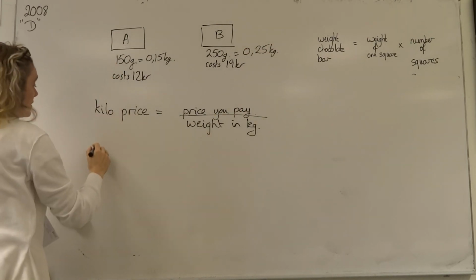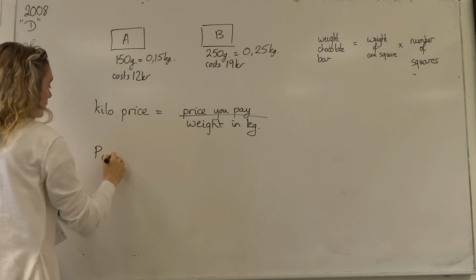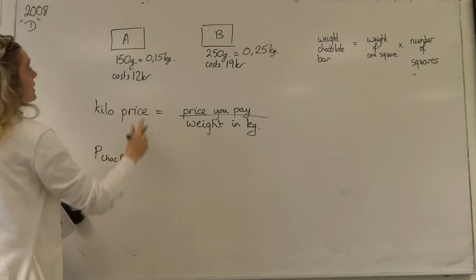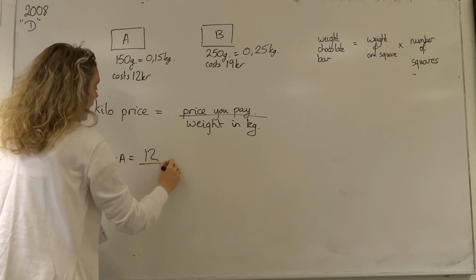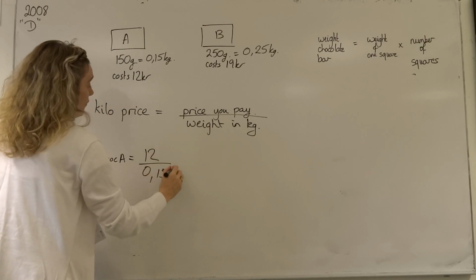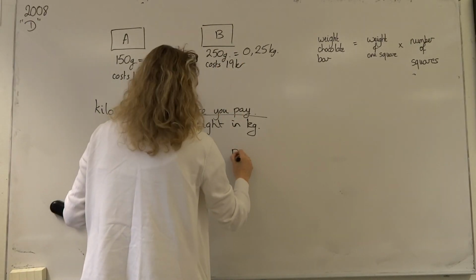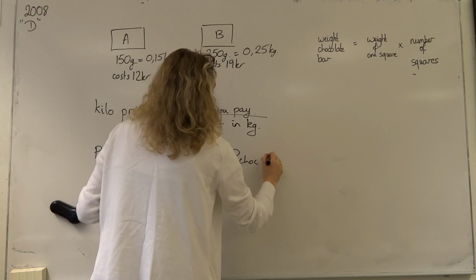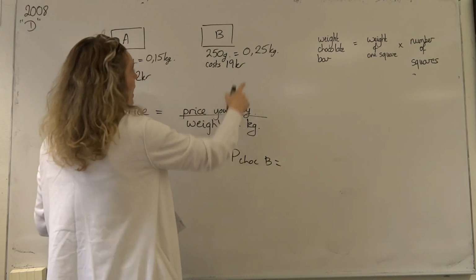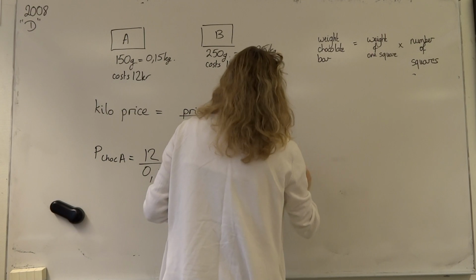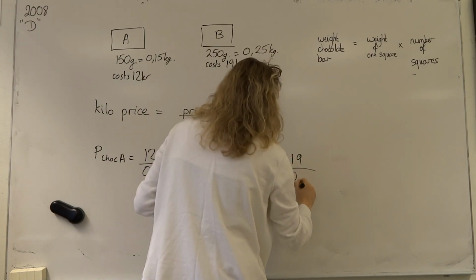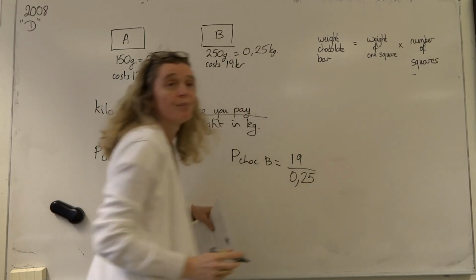So the price for chocolate A is going to be 12 divided by 0.15. And the price for chocolate B is going to be the price you pay, which is 19 divided by the weight in kilos, 0.25.